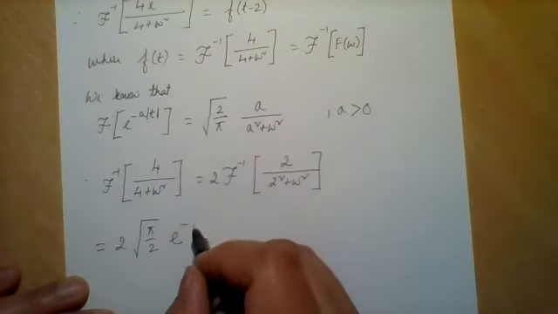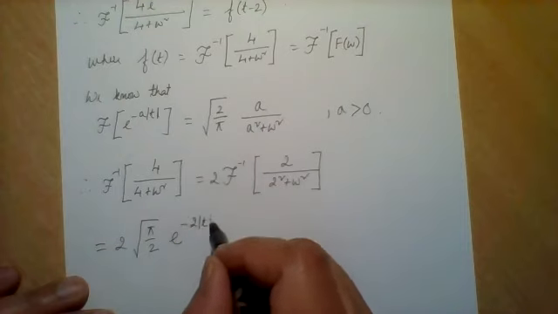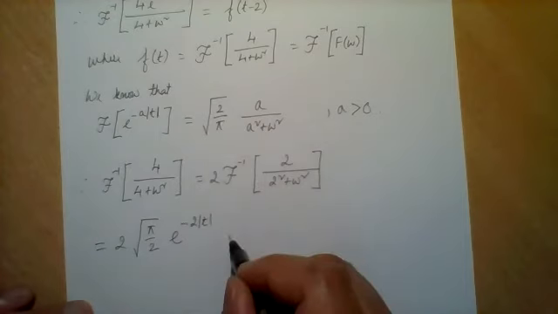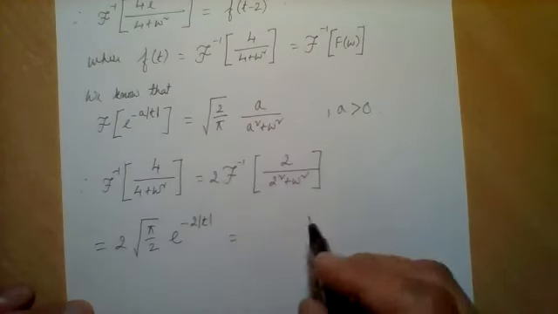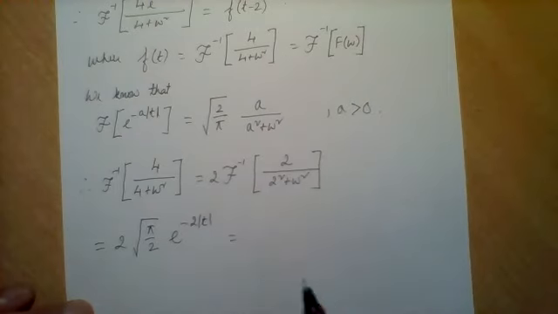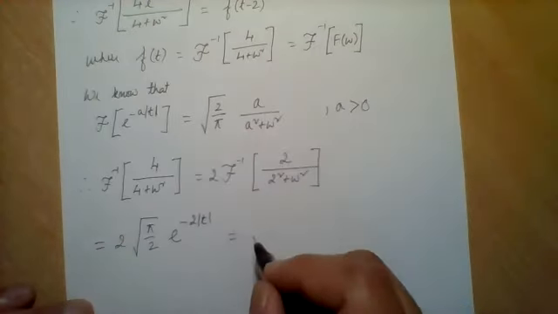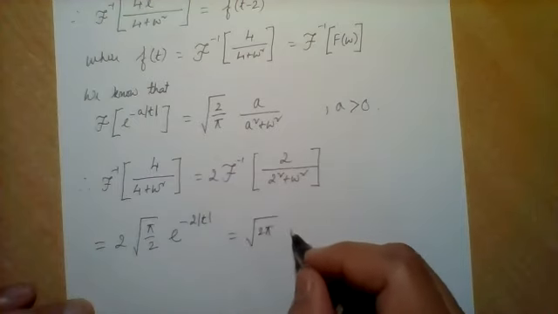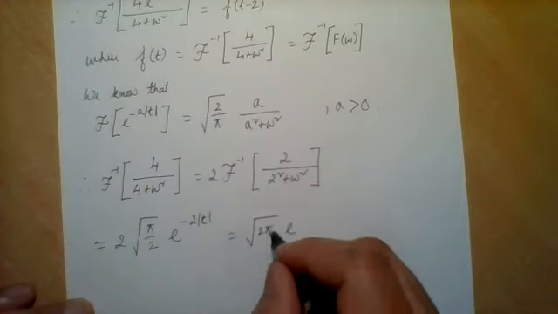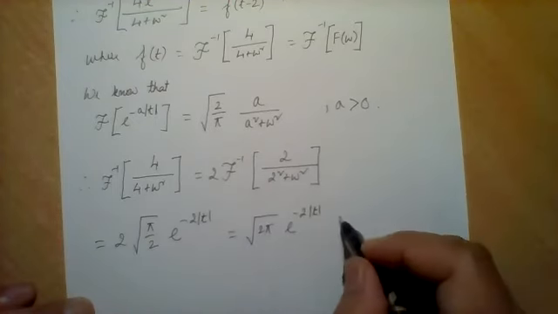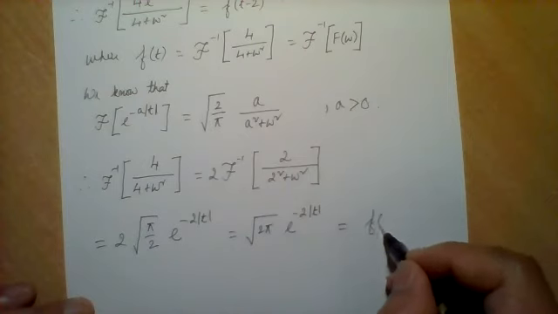So this will be e to the power minus 2 times modulus of t. If I simplify it further, this should be equal to root over twice pi e to the power minus 2 modulus of t. And this is f of t.